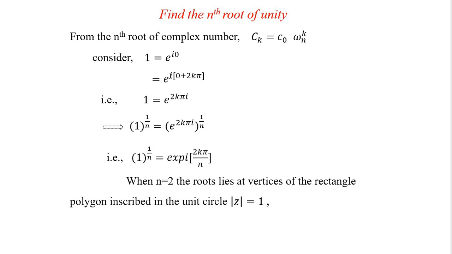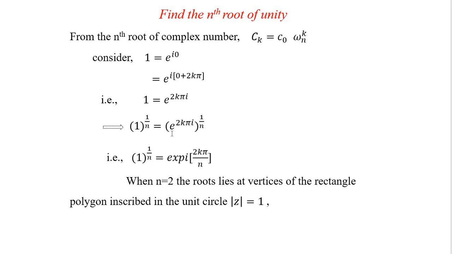We find the argument of z, meaning we collect the collection of all thetas. Therefore we can write i into 0 plus 2k pi. Therefore 1 equal to e power 2k pi i. Now we apply the nth root. So 1 to the power 1 by n equal to e to the power 2k pi i whole to the power 1 by n.